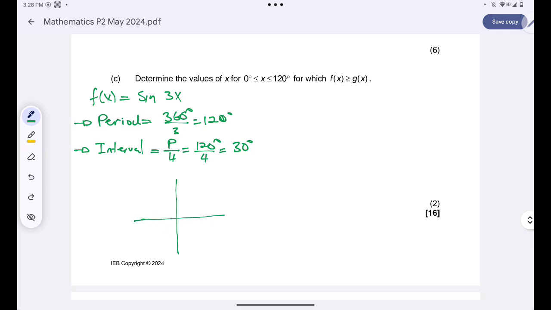This is called a unit circle because the distance from the center to the circumference is 1. Basically, the radius is 1, right? So if the radius is 1, it simply means that the coordinates at this point, I have 1 and 0. I have 0 and 1 here, minus 1 and 0, and then 0 and minus 1.